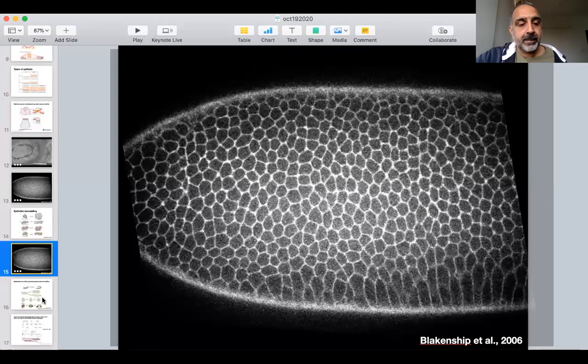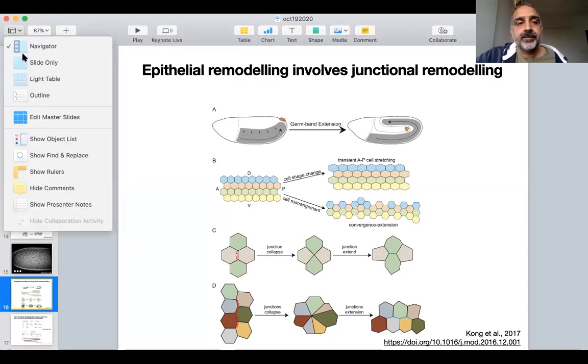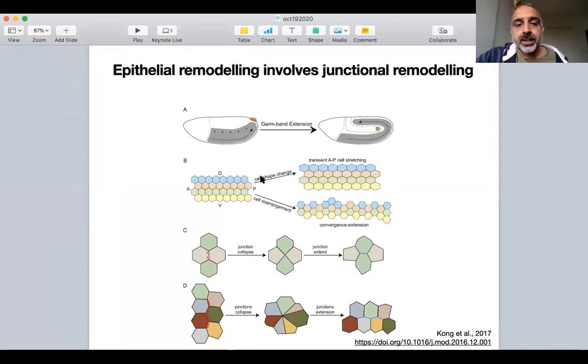So the process you were looking at was germ band extension in the fly. Germ band extension, as I said, causes this elongation of the maggot, so that this structure now loops around here, and this happens because of both cell shape change and cell rearrangement.